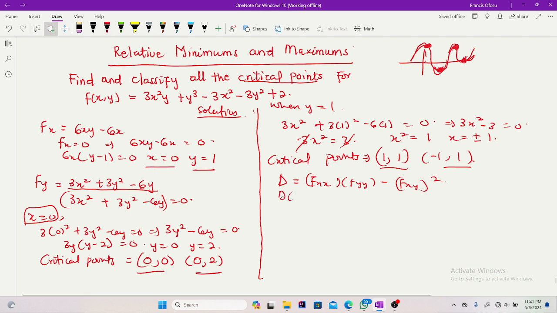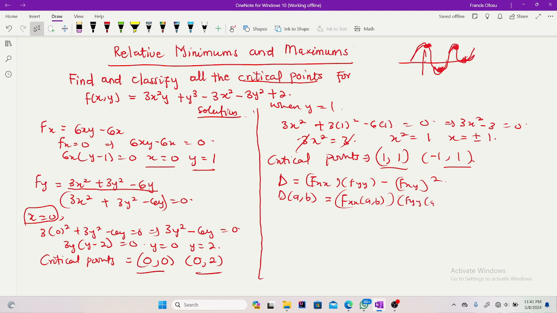So D at a particular critical point (a, b) is equal to fxx(a, b) multiplying fyy(a, b) minus fxy(a, b) all squared.